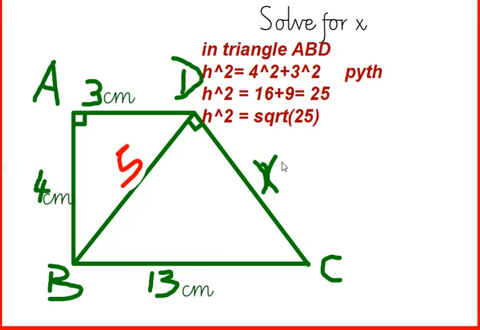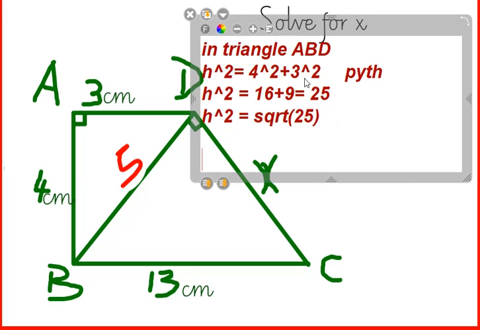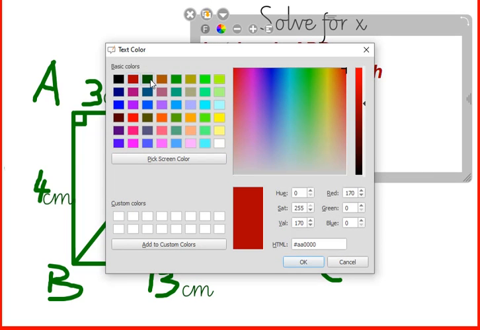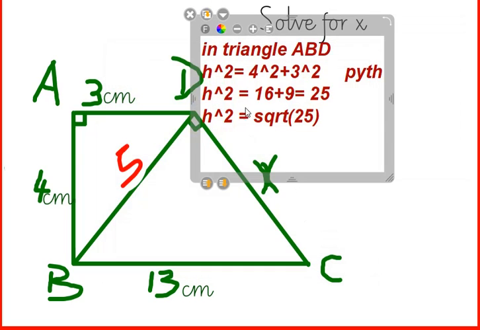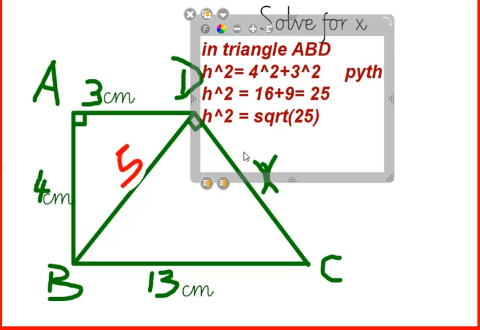We can use Pythagoras to get x. We're going to use another color so that we can show that we are now working. Let's use a brighter red. That was maroon, now we're using red.